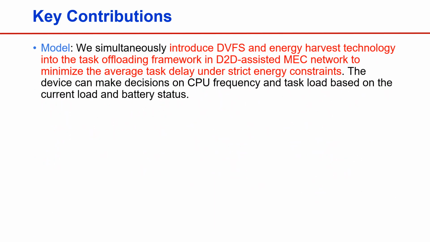The main contributions of this paper are as follows. For the model, we introduce dynamic voltage and frequency scaling and energy harvesting technology into the task offloading framework in the device-to-device assisted mobile edge computing network to minimize the average task delay under strict energy constraints.